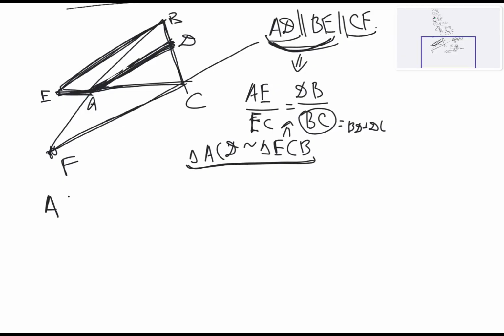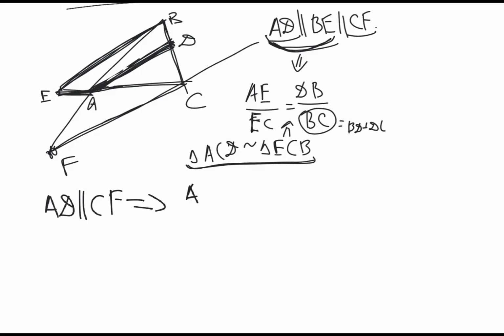So AD is parallel to CF implies that the ratio that we need, AF to FB, is equal to DC over BC, right?